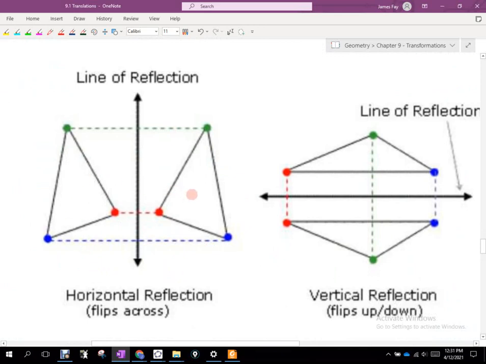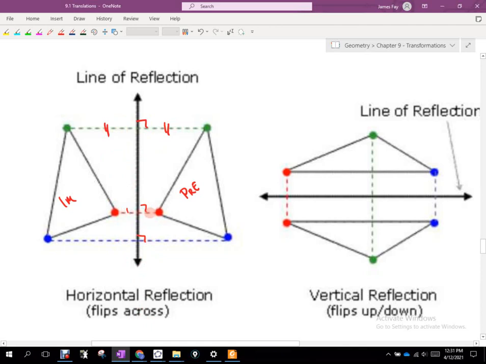Let's just start with this as the pre-image, and this being the image. It's horizontal because that's the direction that the pre-image moved. Does that make sense? It moved horizontally. But what we're seeing here is that all of these dotted lines are perpendicular to the line of reflection, meaning that distance there and that distance there are the same.